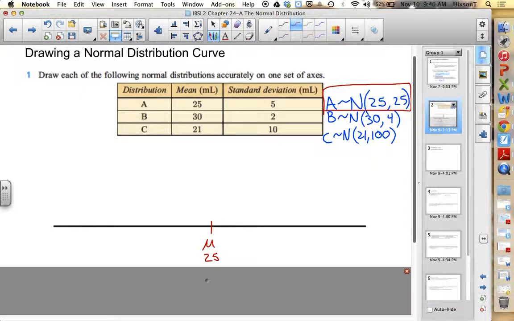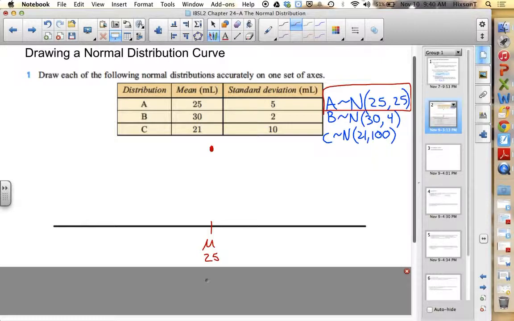And it's good to label it both in terms of mu and with the value itself. Okay? So I'm going to put my value here. Now, on the normal distribution, your mu is your mean, but because the normal distribution is symmetric, that's also your median. Okay, so in the normal distribution, your mean and median are the same thing. Okay?